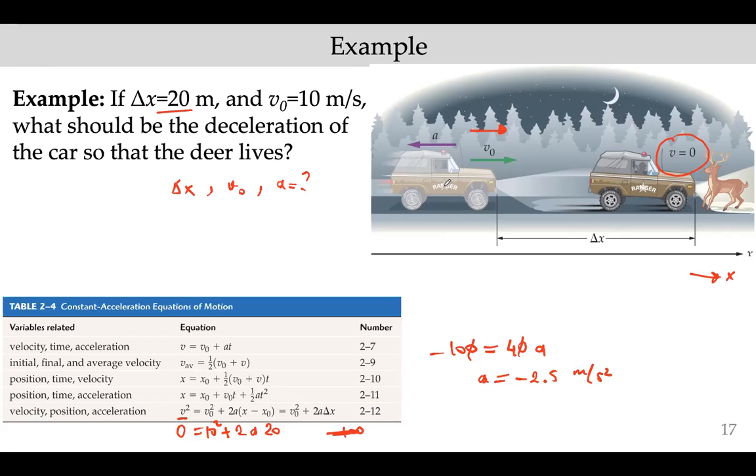That's not what we want. We want it to be slowing down. So if the velocity is in this direction, then the acceleration should be in the opposite direction. And according to this coordinate system, look which direction this acceleration is pointing to. It's pointing to the negative direction. And that's why we got a negative number at the end.